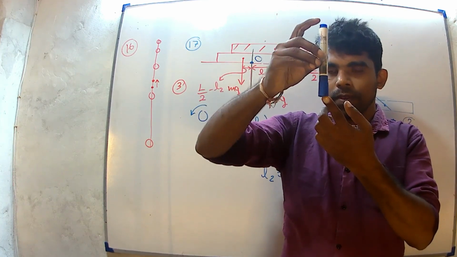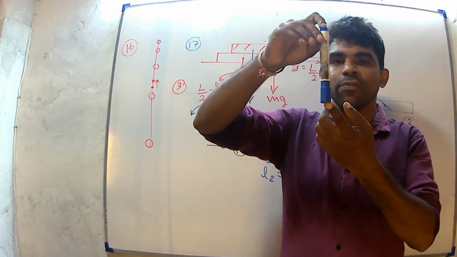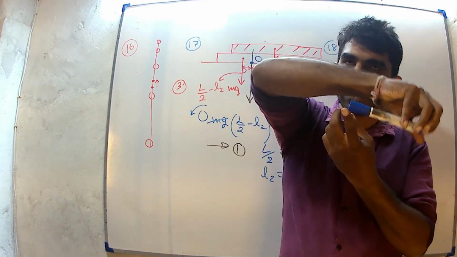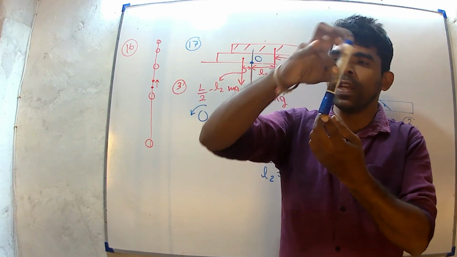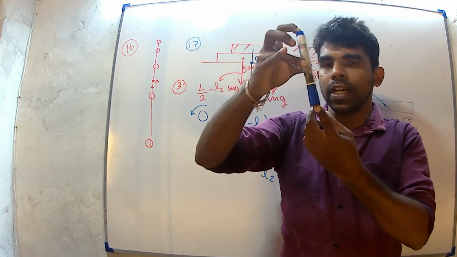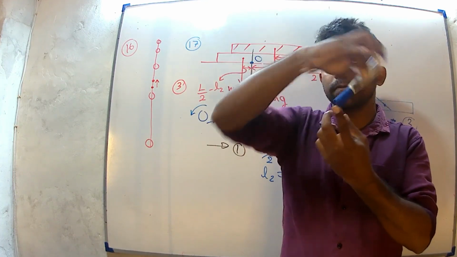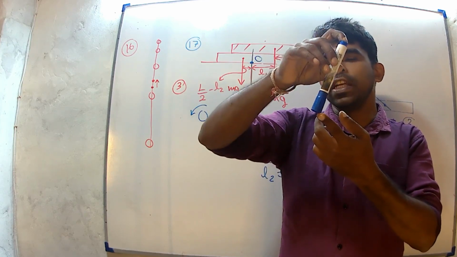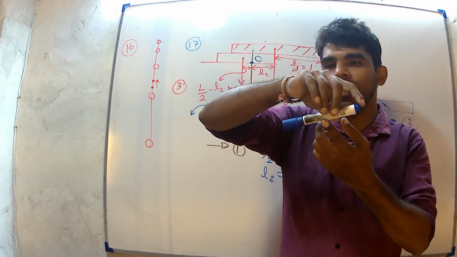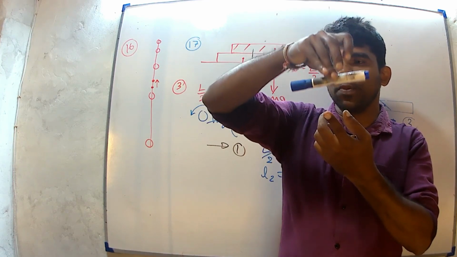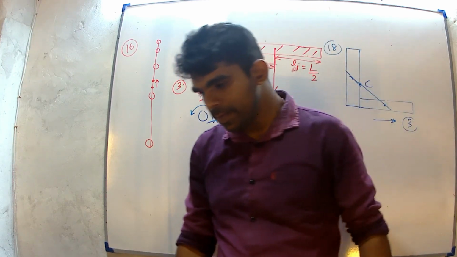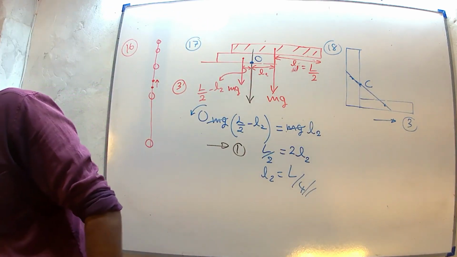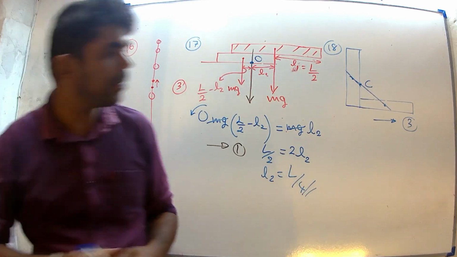Therefore, for the first situation, the rough situation, the movement should be like this. The center of gravity is moving in a circular path. But if this point is smooth, it is sliding and the center of gravity is moving in the downward direction. Therefore, the answer is 5 for question number 19.